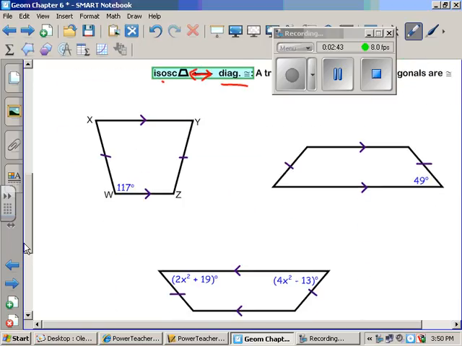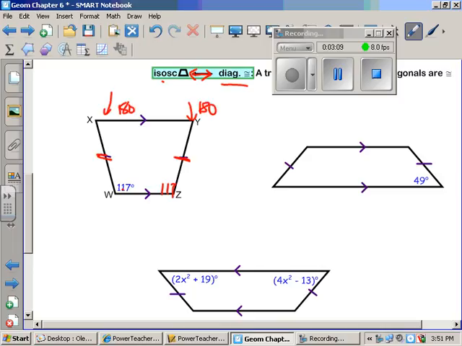All right, so if I did a couple of these examples, this is an isosceles trapezoid because we can tell the legs are congruent. So if this is 117, this is 117. And if it's isosceles, these two are also equal. So that means out of 360, because it's a quadrilateral, this side must be 180, and this side must be 180.